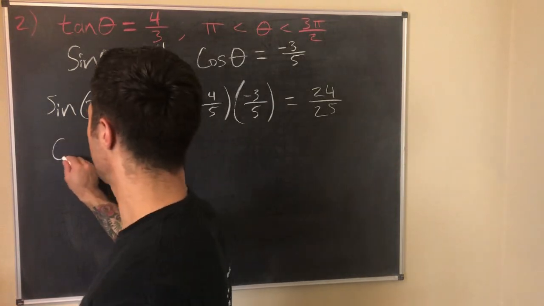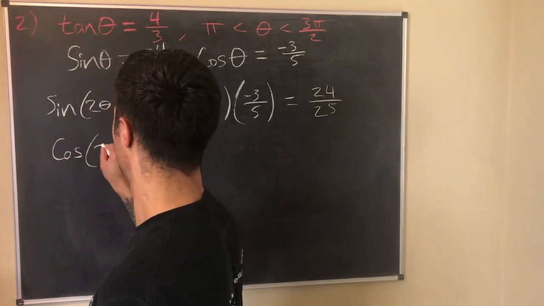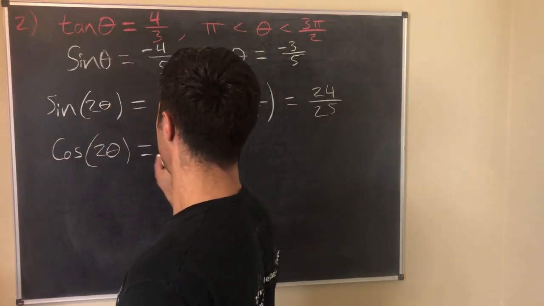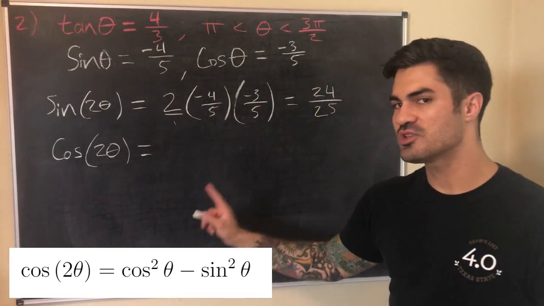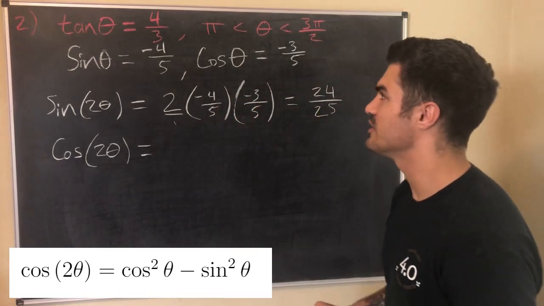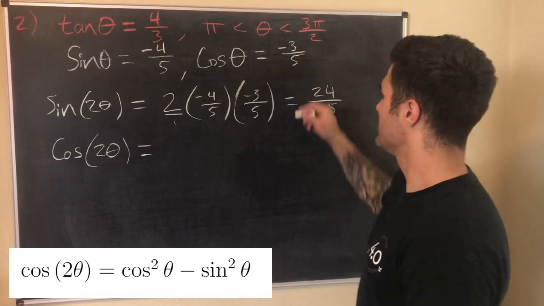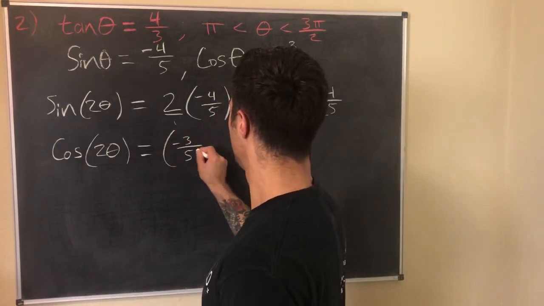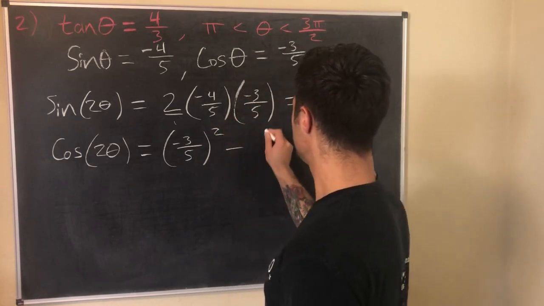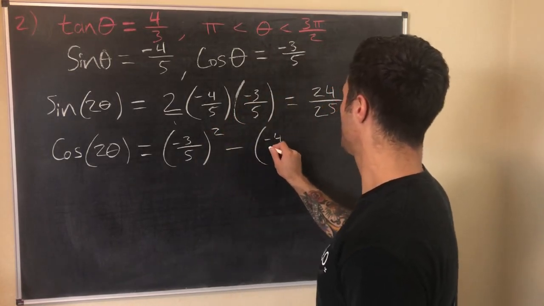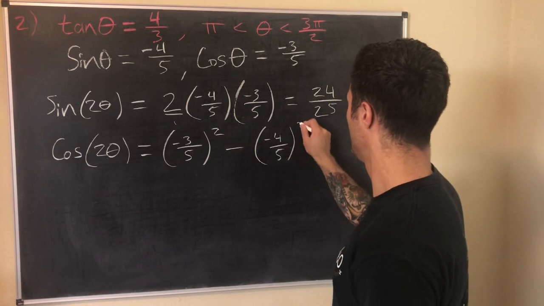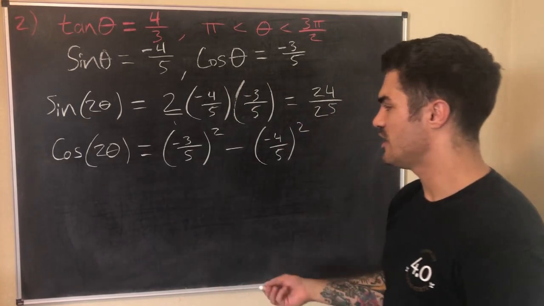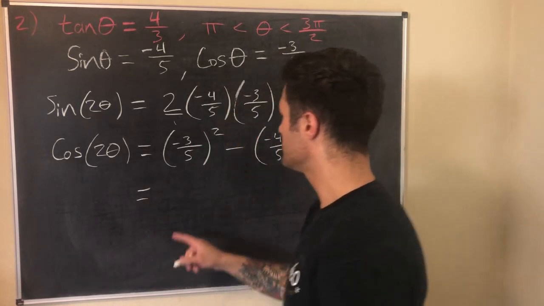And now the cosine of 2 theta is equal to what? Well, I believe that's cosine squared theta minus sine squared theta. So what is my cosine? -3/5. So I have -3/5 squared minus -4/5 squared. That is cosine 2 theta. So if I simplify this, let's see.